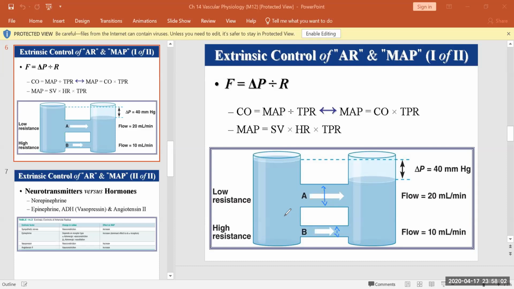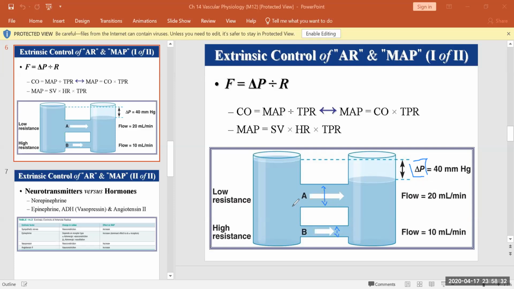So the engine driving this flow is a pressure gradient. In other words, delta P here. So this delta P is the engine, the motor, the force that drives a liquid moving from point A to point B. Now, when we say gradient, it means it will move from a higher pressure point to a lower pressure point.